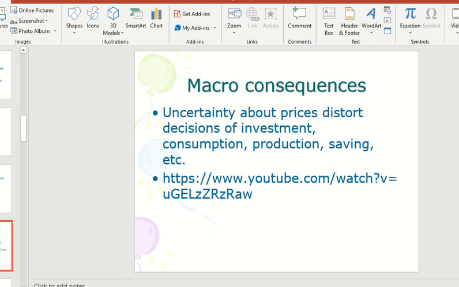But if the price is too low, they are afraid that they're going to take some losses because the cost may be going up very quickly. So because of that, they may not want to be aggressive. They may underproduce. That could be a distortion in production. And also they want to be conservative, so they are unlikely to want to expand their factories or facilities. So not a lot of investment under those circumstances.